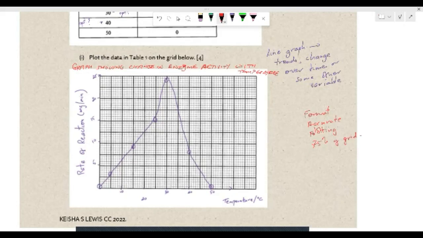Okay, what else? Yeah, that's about it. So 4 marks will probably take up about 2 marks, because format will be things like it's in pencil, you have your axes labeled correctly, right? With the units.